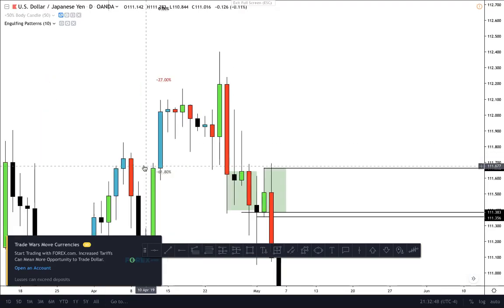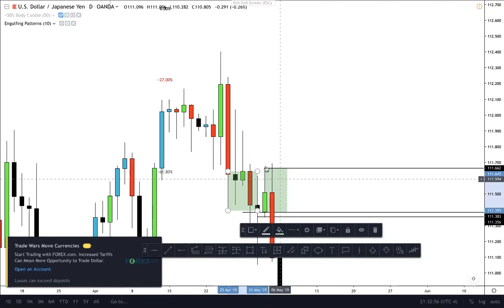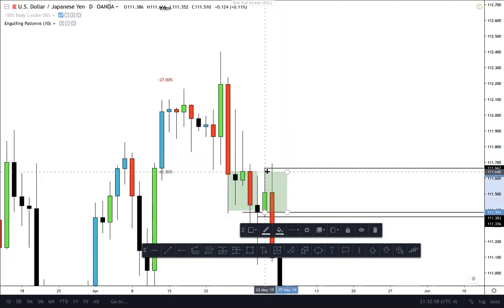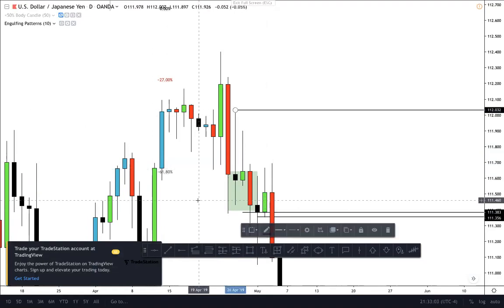So the real base, if we include these candles, we know that we have to draw it from the lowest body to the highest wick, right? So the real base would actually be from here to here, right?